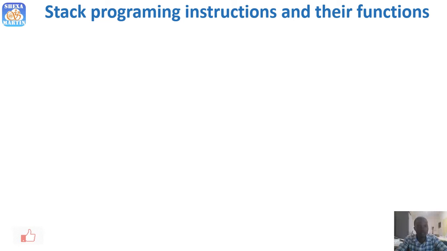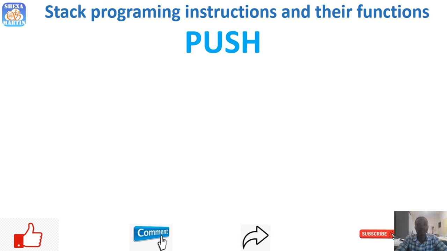Right. So let's now talk about the stack programming instruction called push. Push stores a 16-bit value into the stack. That is, it pushes a certain 16-bit value onto the top of the stack.